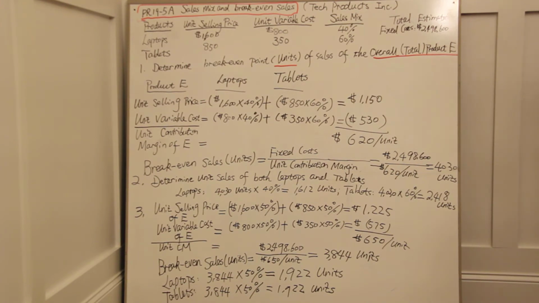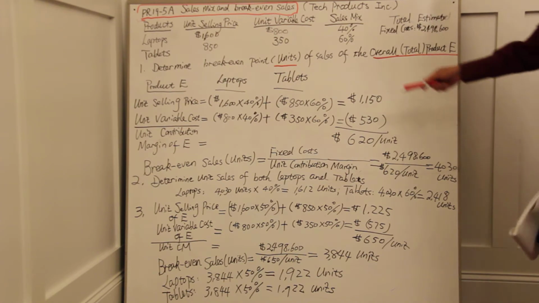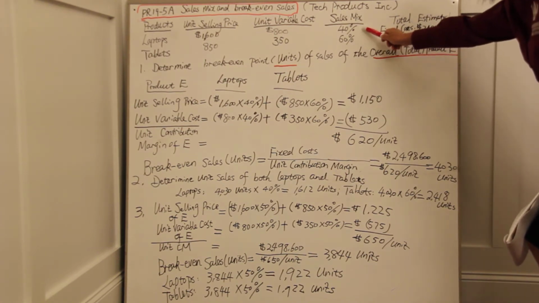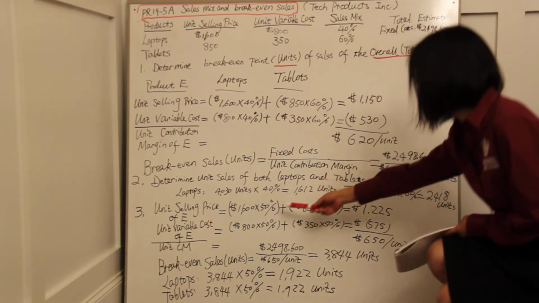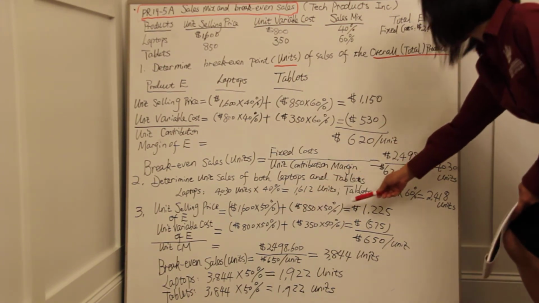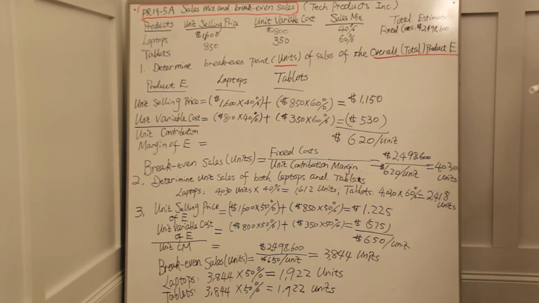So now let's look at number 3. Here, suppose the sales mix changed for these two products. Laptops is 50% and tablets also 50%.